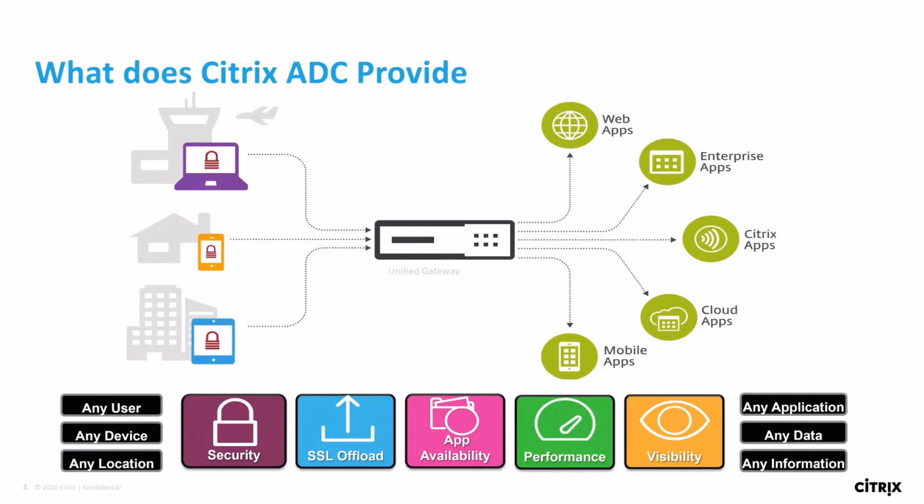I hear this pain being brought up a lot from our customers, as users don't like having to memorize multiple URLs and logins to access the applications that they need. In addition, Citrix ADC also uses many authentication methods such as SAML, Radius, LDAP, and more to provide dual-factor authentication at the Citrix ADC level. And it utilizes your users' Active Directory credentials to single sign-on into their applications.